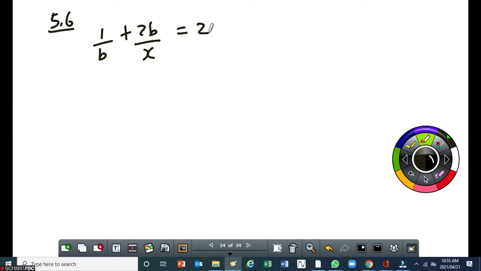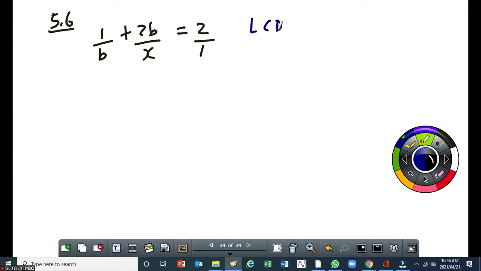Now as I told you yesterday, when you're solving literal equations, the objective is not to find a specific value for the variable, but just to find a formula that you can use to determine that variable. So here we have got fractions. The first thing is to find the LCD.